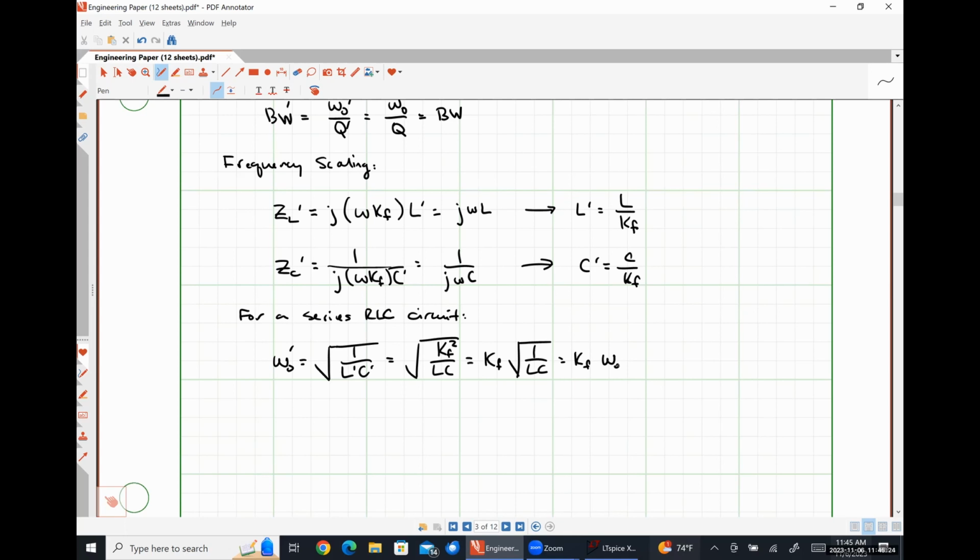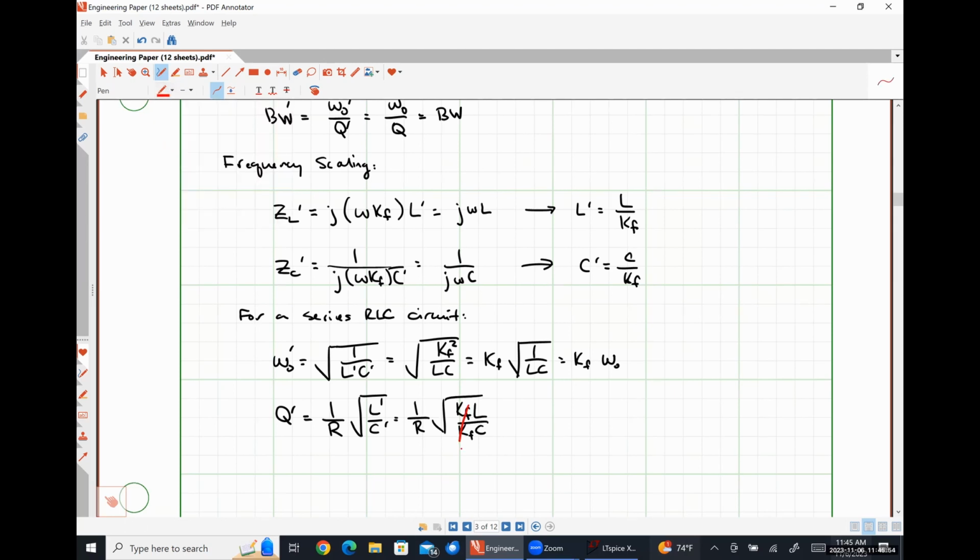Will it impact our bandwidth? Or excuse me, our quality factor? So let's see. So Q is going to be 1 over R. The resistance does not change, so that's why I'm just putting R and not R prime. We'll have L prime over C prime here. So this is going to be 1 over R times the square root of KFL over KFC.